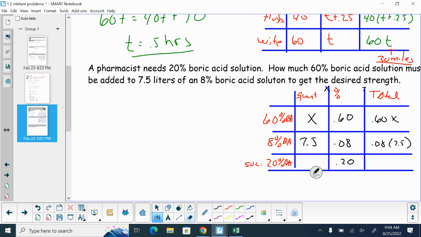I'm adding x of this, 7.5 of this. So my total solution in the big beaker would be how many liters? What do we do with these quantities? Add them together. x plus 7.5.